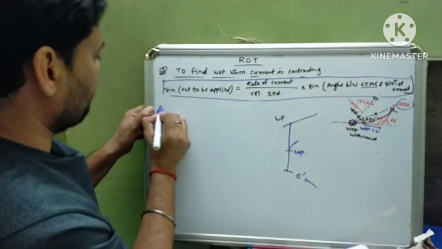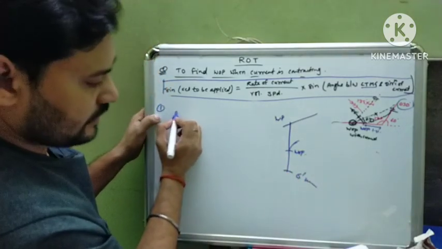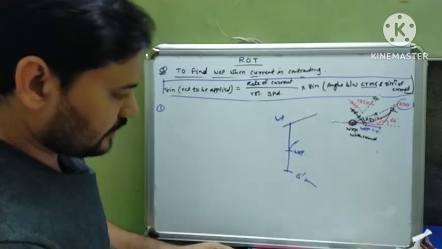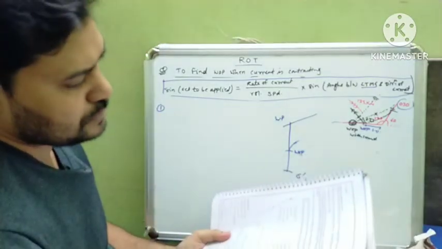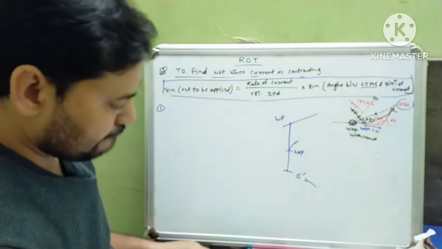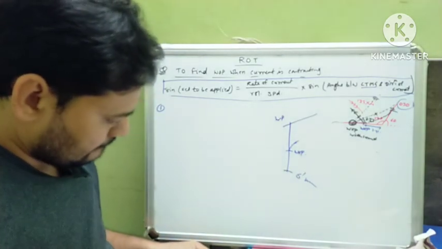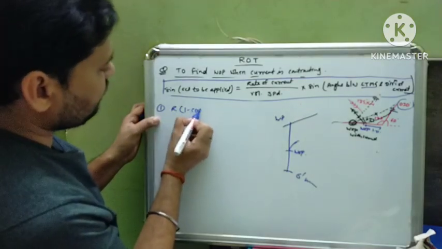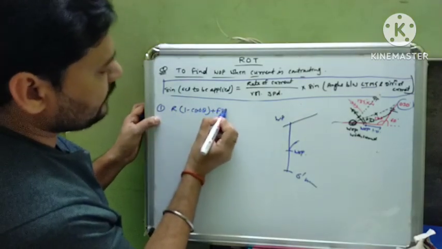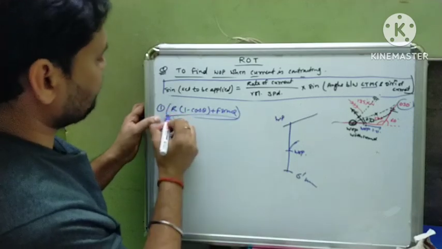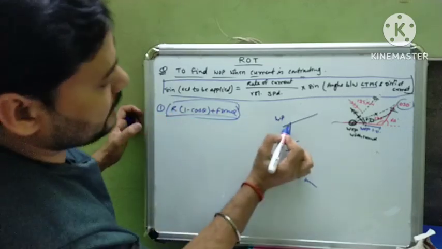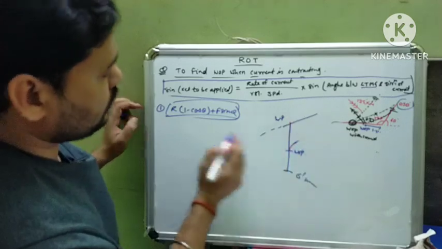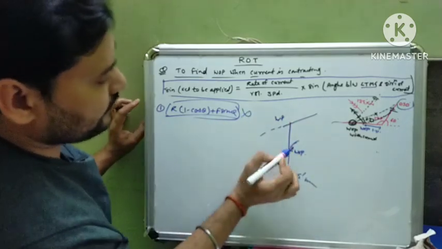But instead of following the right formula, he has followed r1 minus cos theta plus f sin theta. We have already explained that this is the perpendicular distance and not this distance, so this is not correct.